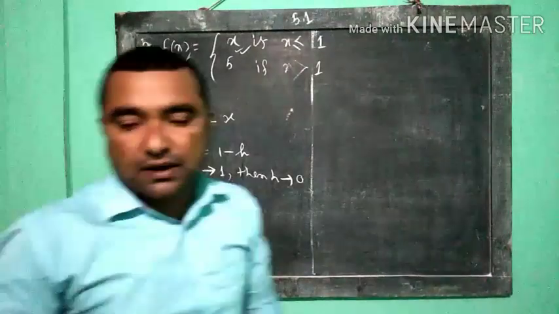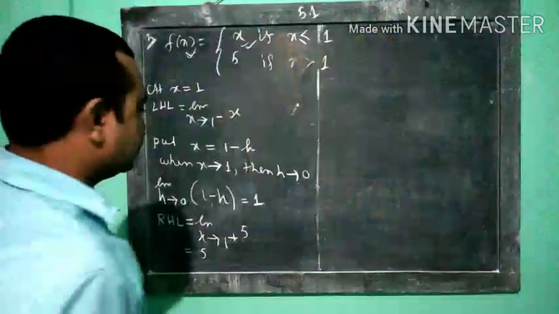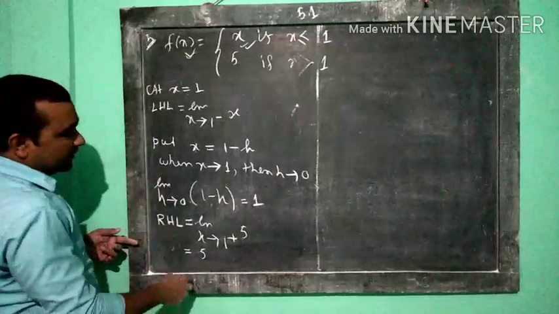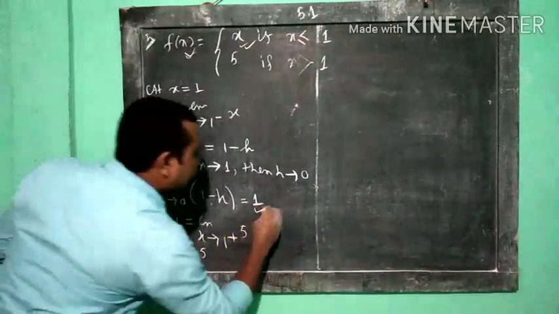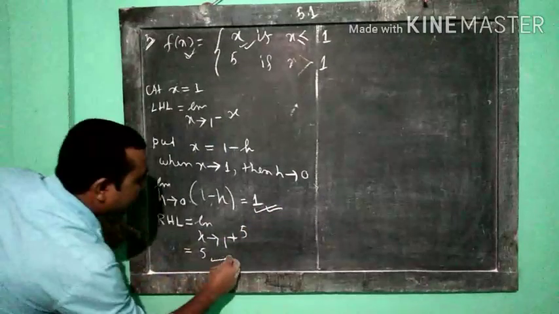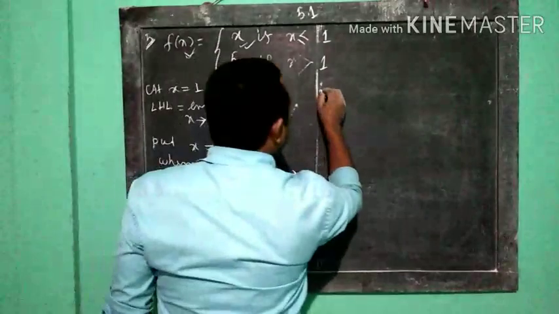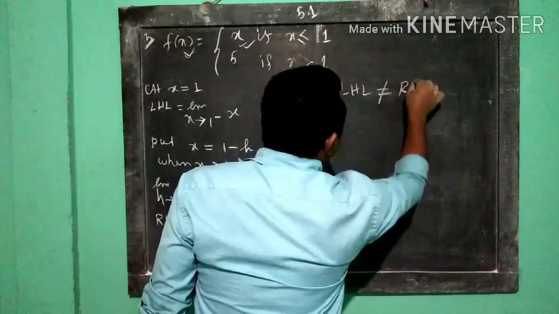So left hand limit and right hand limit are not equal. We have left hand limit is 1 and right hand limit is 5. Therefore, left hand limit is not equal to right hand limit.